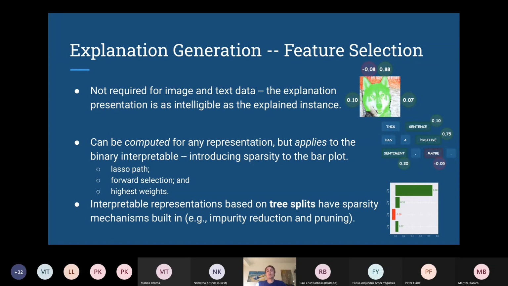So you may need to resort to some sort of feature selection method and select the top 4, top 5, just not to overwhelm the explainee. And the reason is that, again, you can only convey a surrogate explanation of tabular data as a bar plot.